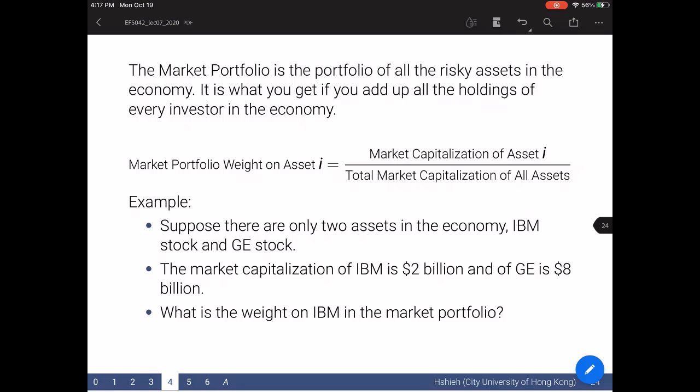And typically, practitioners are lazy, because we don't need to be precise. When calculating the total market cap of all assets, we can typically just use the S&P 500 or the Wilshire 3000, or maybe just all the stocks listed on the Hong Kong Stock Exchange. That's perfectly fine.